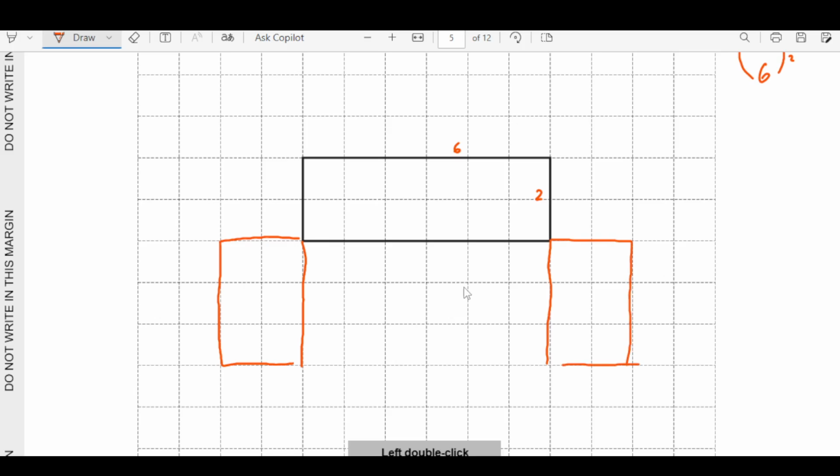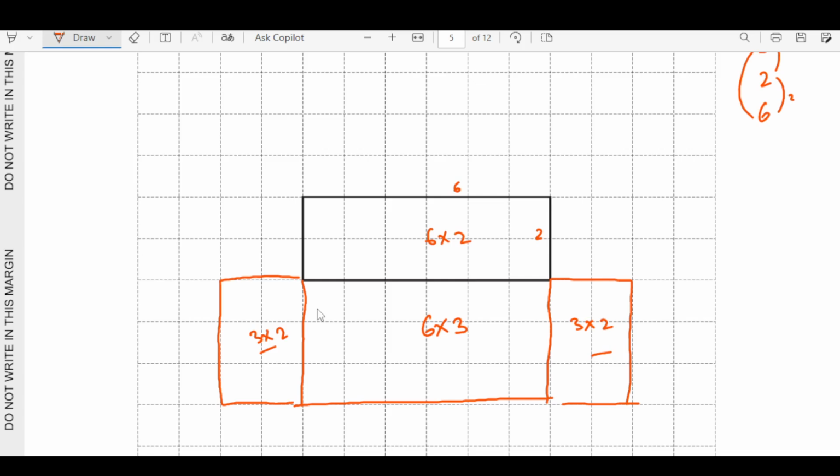Now what about this? This is 6 by 3, automatically 6 by 3. This is 6 by 2 and this is 3 by 2. So we got these two 3 by 2, and 6 by 3 is here, and 6 by 2. We need one more. Parallel to this 6 by 3 it should come over here, because when you fold it, the faces should come parallel to each other.